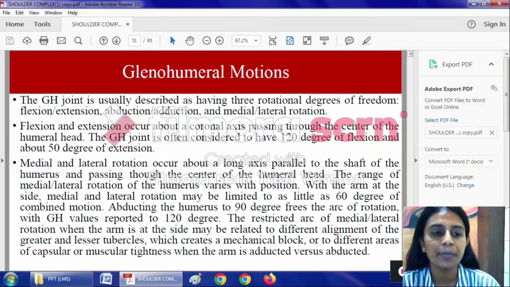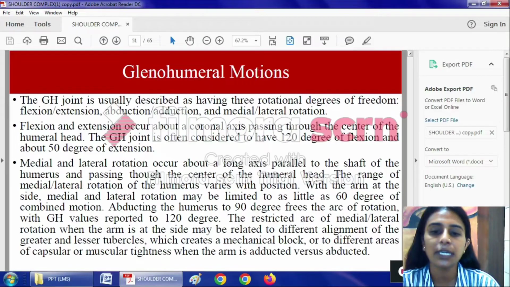The range of medial and lateral rotation of the humerus varies with position. With the arm at the side, medial and lateral rotation may be limited to as little as 60 degrees of combined motion. Abducting the humerus to 90 degrees frees the arc of rotation, with GH values reported up to 120 degrees.